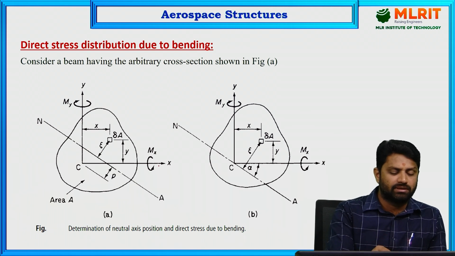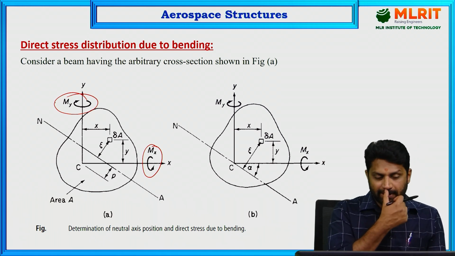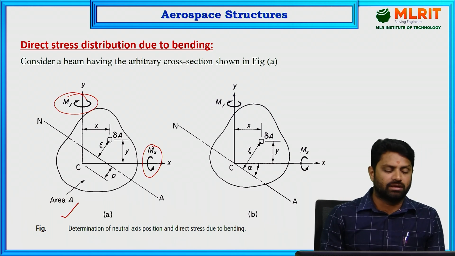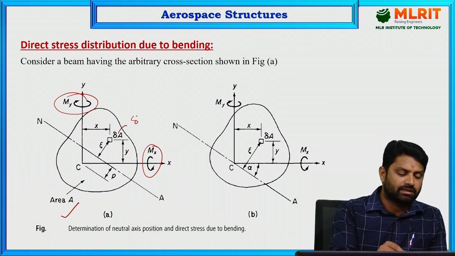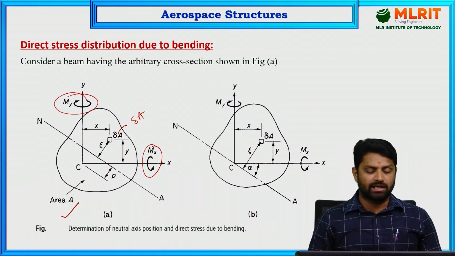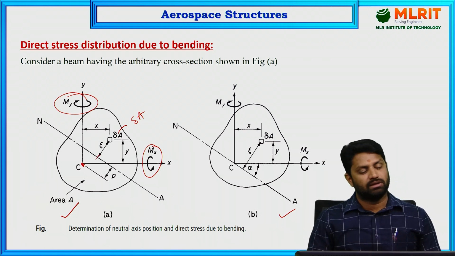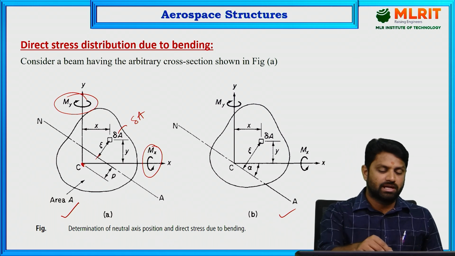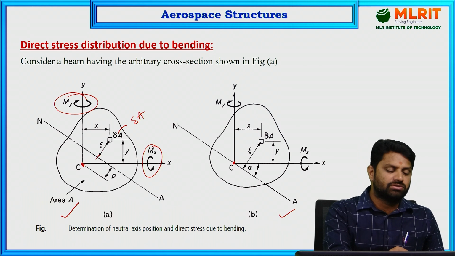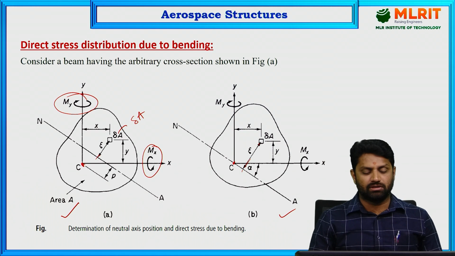Mx is the bending moment applied parallel to the x-axis, and My is the bending moment applied parallel to the y-axis. The total area is capital A, and the elemental area is delta A. This is the first diagram. In the second diagram, let us assume that the neutral axis passes through the origin of the xy axis system, that is at C. Then the zeta value is increased, measured from here to here, and everything else in the diagram is the same.